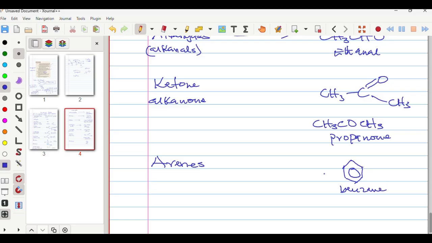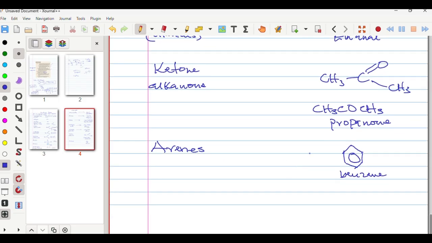Benzene is the smallest, the commonest example of a ring. If you want us to add the remaining 2, alkenes and alkynes, we can have alkenes, which is CH2=CH2 this time around, and that's our ethene. We are so familiar with this.